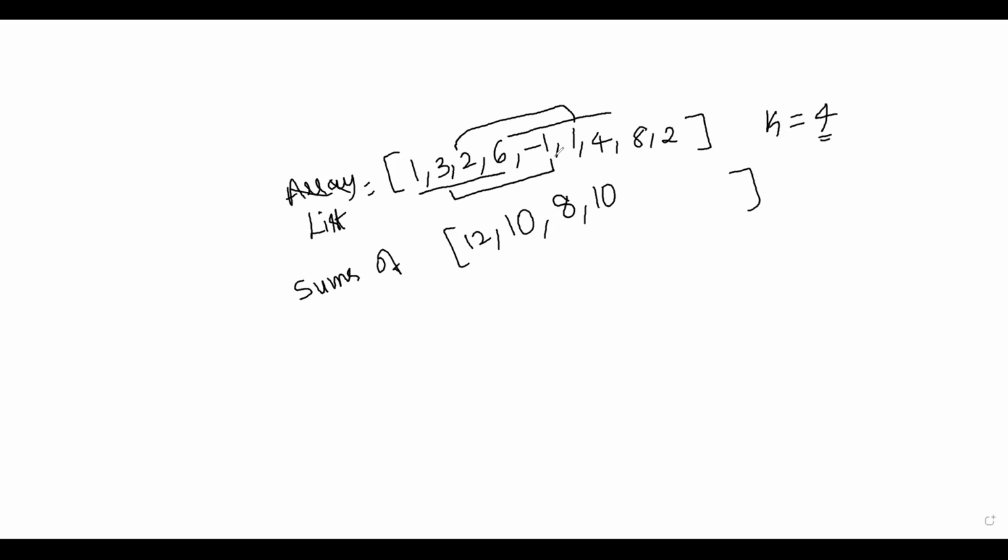How about these 4 elements? 12, 13, 12. And then the next 4 elements? 12, 14, 15. Yes, 15. And are there any 4 elements after this? There are just 3 elements, right? We don't have the next 4, so we'll stop here.